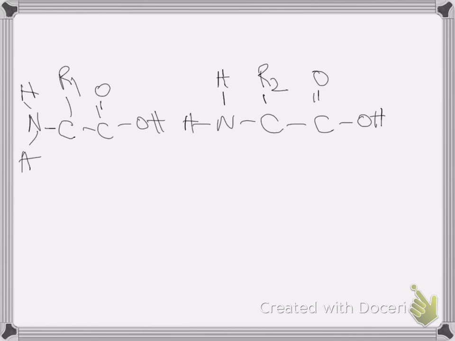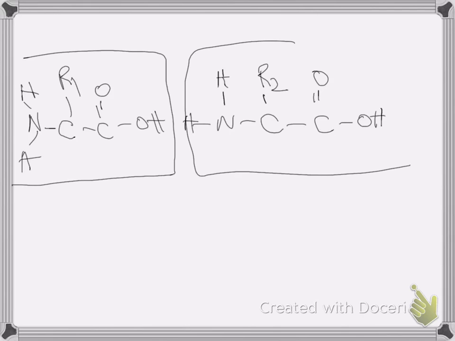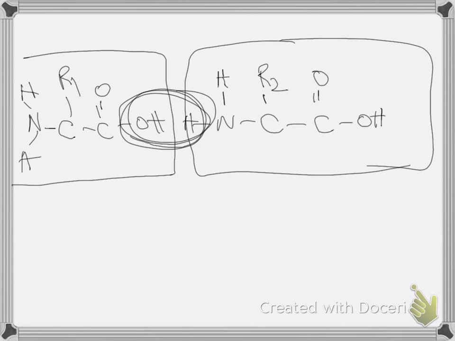Everybody see my 2 amino acids? Here's one. Here's the second one. See the amino groups? You see the acid groups? So what I'm going to do is I'm going to take this out. What is that? That's water. So I'm going to pull water out.